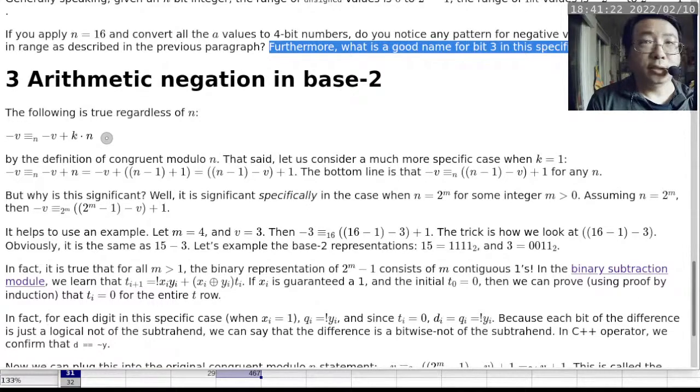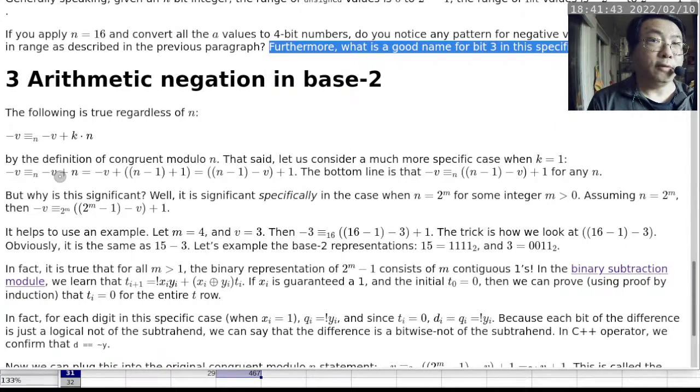All right, cool. By the definition of congruent modulo n, that just explains this congruence. That said, let's consider a much more specific case when k equals 1. In other words, we are fixing the coefficient to just 1.